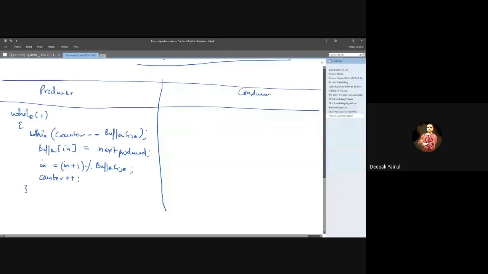So this is the code for the producer process, where it is checking whether the value of counter is equal to buffer size or not. Let's understand first what it is doing in the while condition.